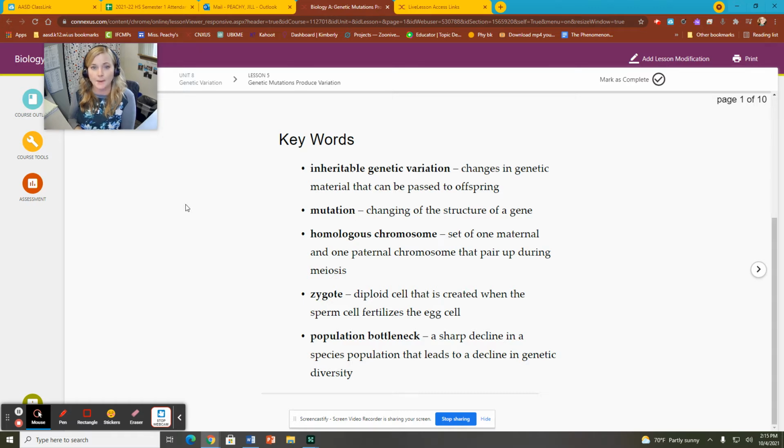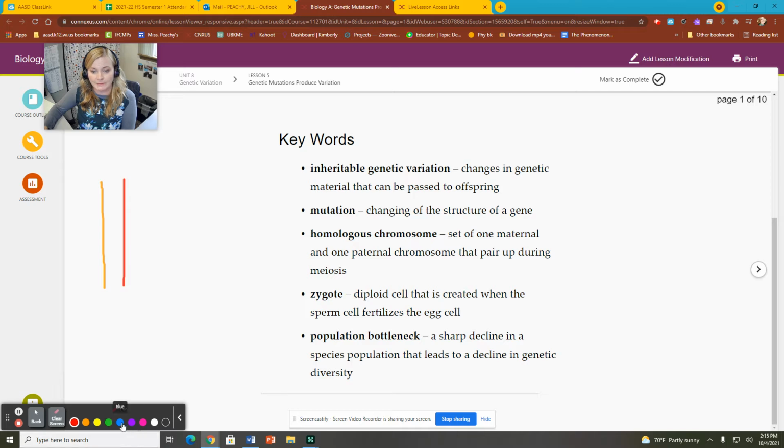So first of all, homologous chromosomes. What are they? Remember, you have two copies of each chromosome. One comes from mom and one comes from your dad. The two copies are homologous to each other. They have the same genes on them, but there are different alleles.